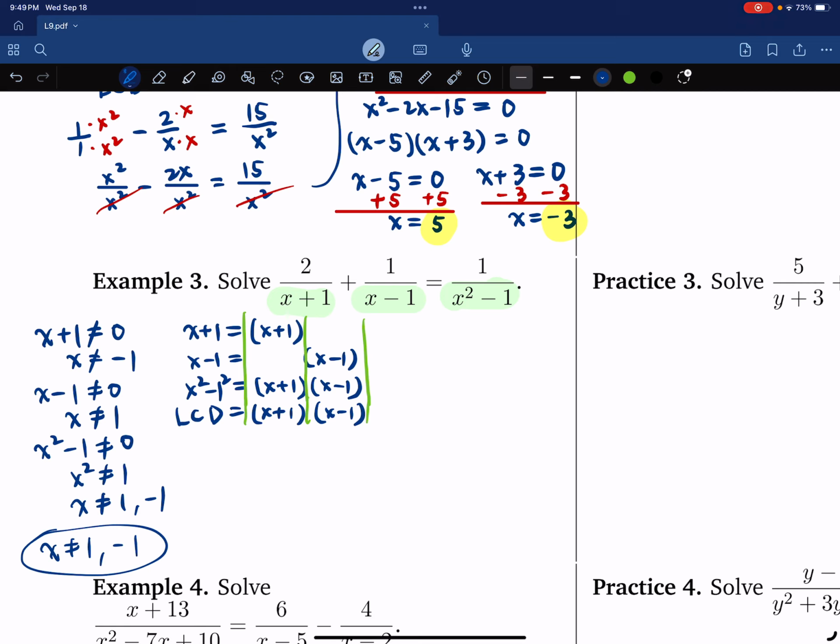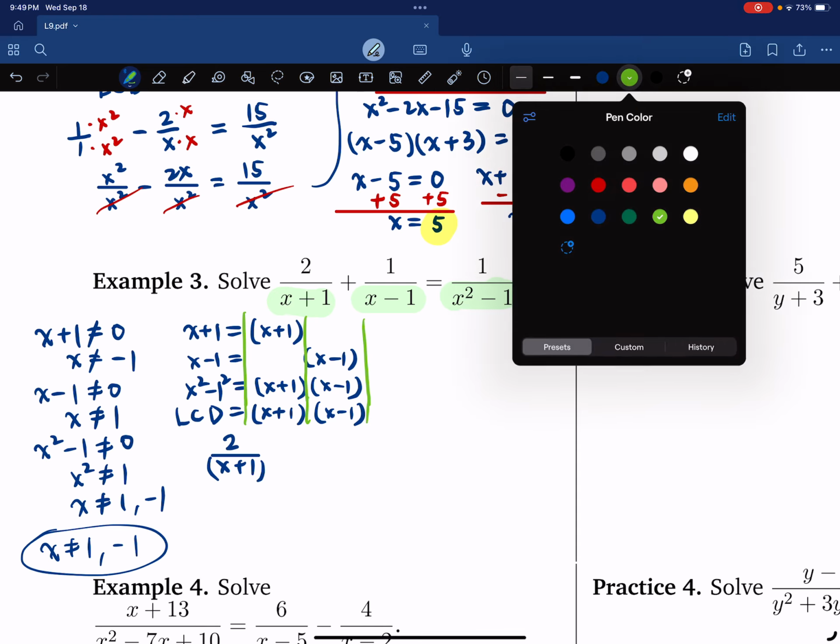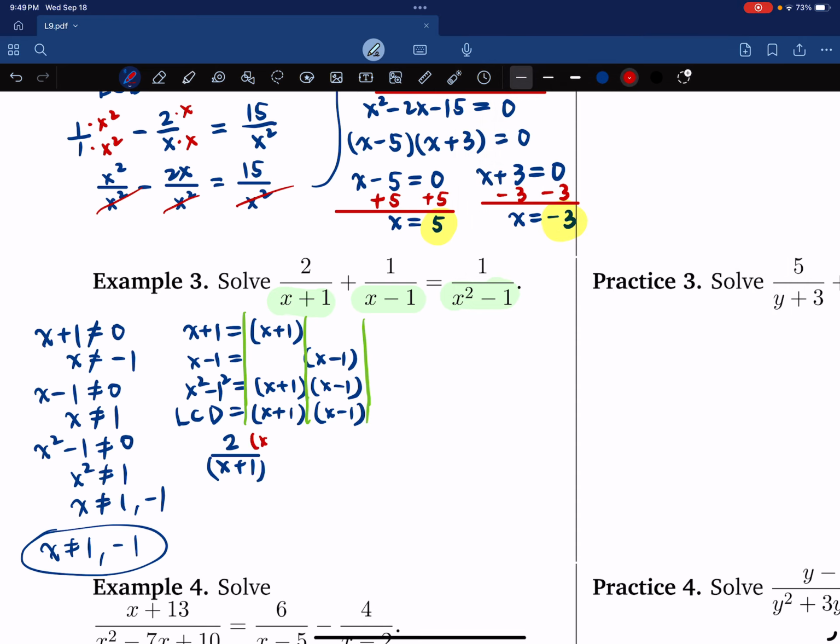And then I'm going to transform the equation so that they have the same denominator. The first one is 2 over x plus 1, and I'm going to multiply both the top and the bottom by x minus 1, because that's what is missing from the LCD. Plus 1 over x minus 1.